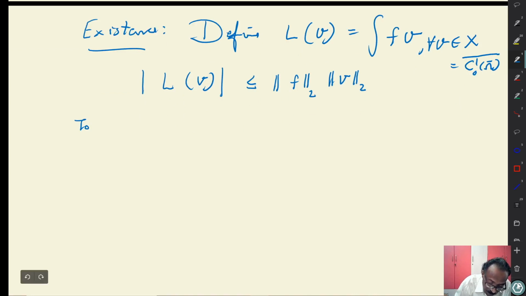To see it is a bounded linear functional, L is from X to R, where the norm is the gradient norm.